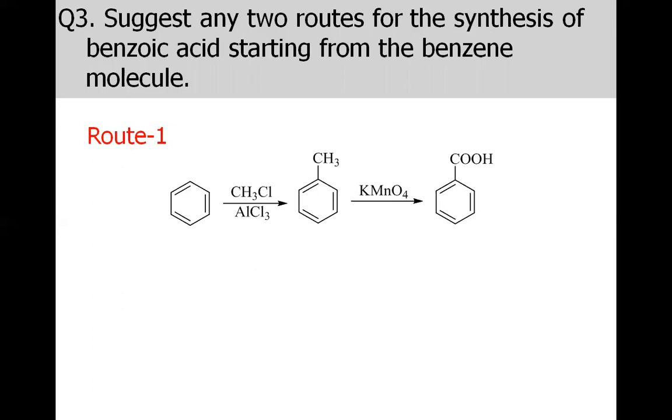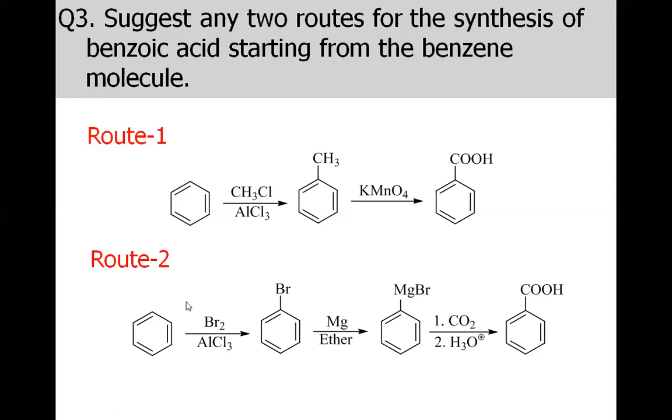So what could be the other way to make this benzoic acid? We have one more way. Let us brominate the benzene first using bromine and aluminum chloride. Once bromobenzene has been formed, we may convert this bromobenzene into the Grignard reagent using magnesium metal in the presence of ether.